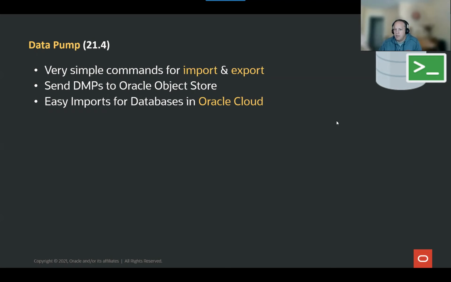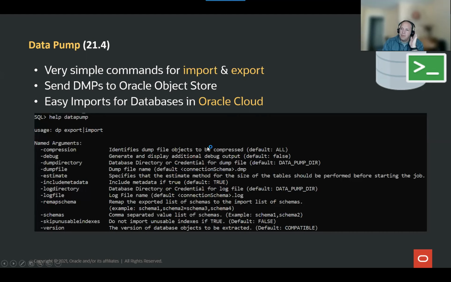In this case, it would be a URL or a URI that references that file in the object store bucket, and it will automatically import it in. So it could be as few as 2 or maybe 3 commands to do a schema export, move that file to object store, and then another command to do an import to any database that we can connect to in OCI.